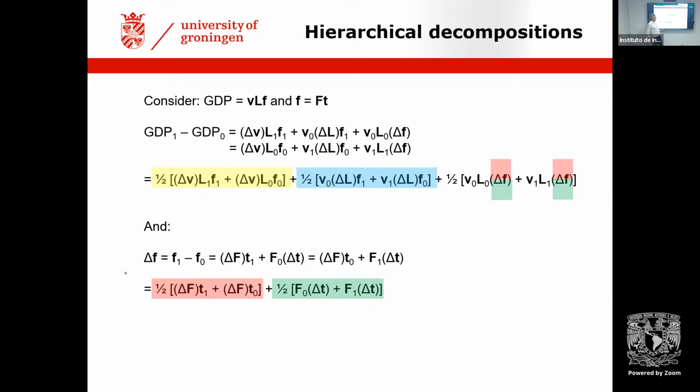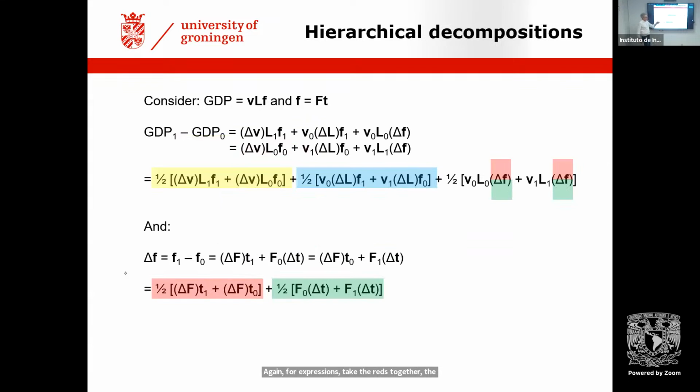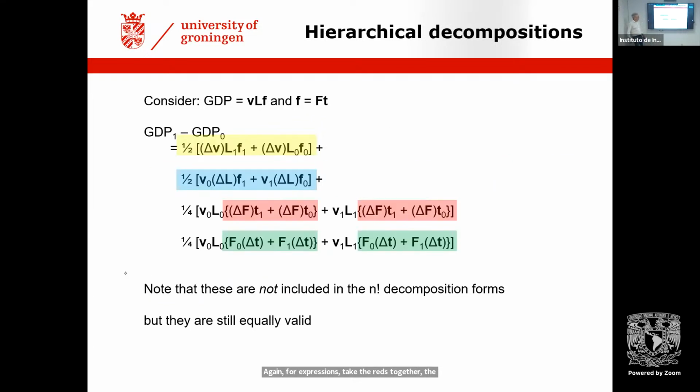So this delta f now consists of a red and green part. This delta f also consists of a red and green part. So now the answer would be again 4 expressions. Take the reds together, take the greens together, the blue and the yellow remain as they are, and this is the hierarchical decomposition.